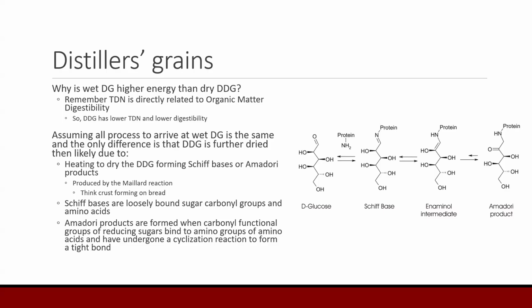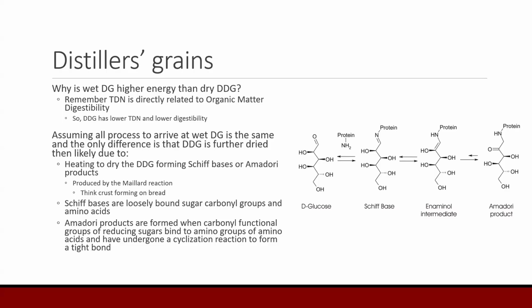So if we assume that all other processes to arrive at wet distillers grain are the same, and the only thing we're changing is that wet distillers grain gets dried to arrive at your dried distillers grains, it is likely because of heating the dried distillers grain will form Schiff bases or Amadori products. So these are the products that are occurring through the Maillard reaction.